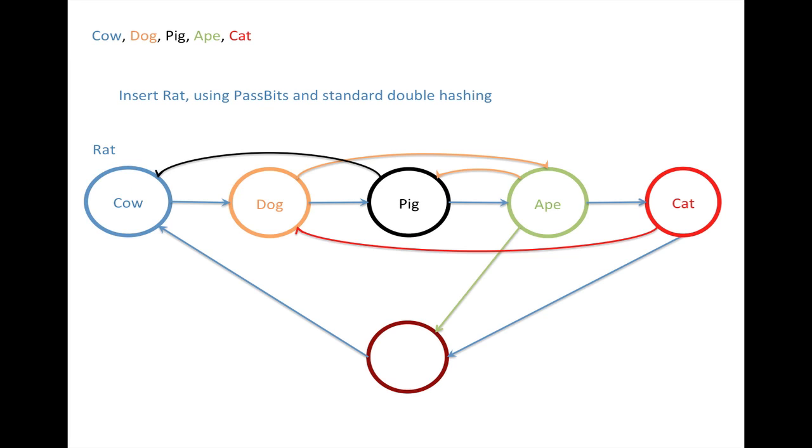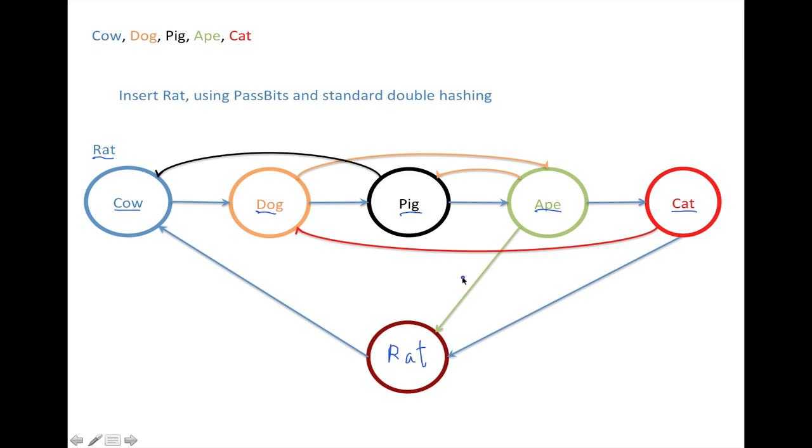Okay, so suppose now that we want to insert the rat that doesn't exist in the table yet. We're going to do that first in the most standard way, standard double hashing. So basically we look at this rat here. It has a collision here, here, here, here, here, and finally we can put it in here.